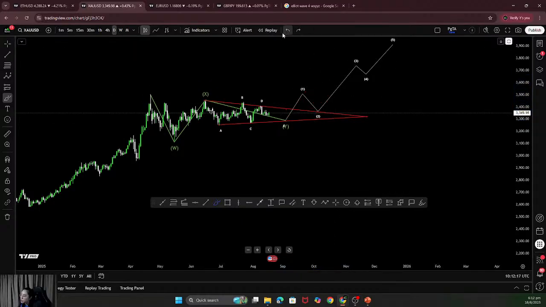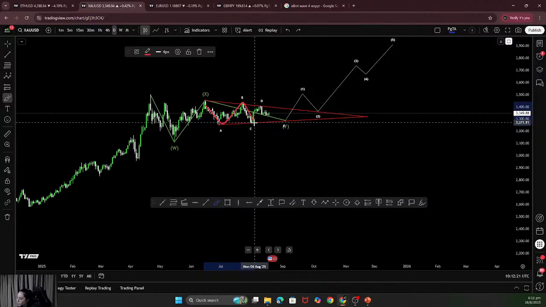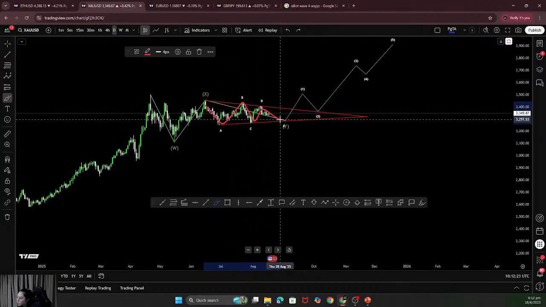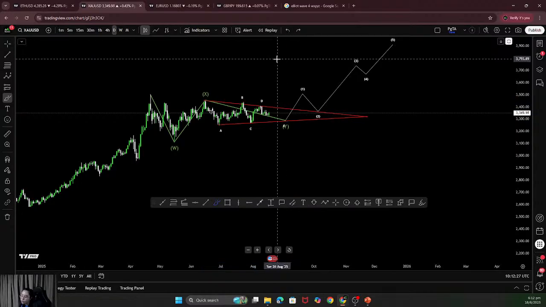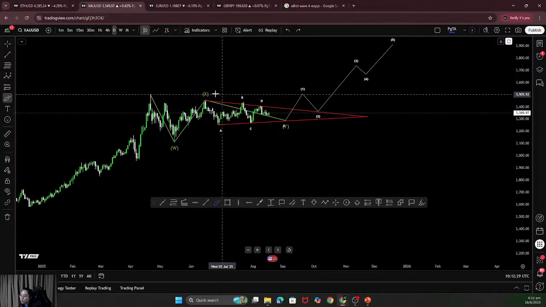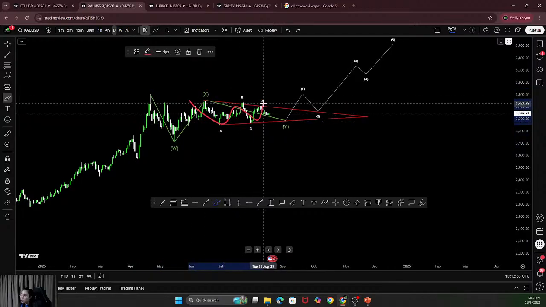Right now, although I think price is doing a B, C, D, and then E, I dare not confirm, because wave 4 has a tendency to keep going sideways.